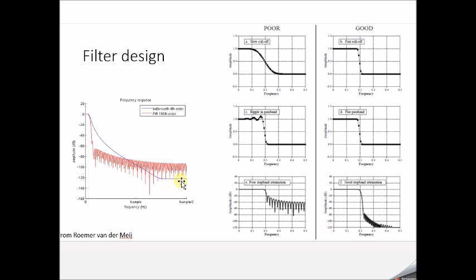However, the blue filter is able to achieve a lower attenuation at the high frequencies. So designing these filters is a trade-off between some of the properties that we find ideal.